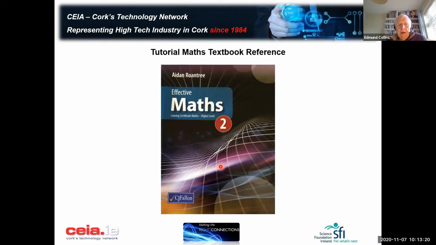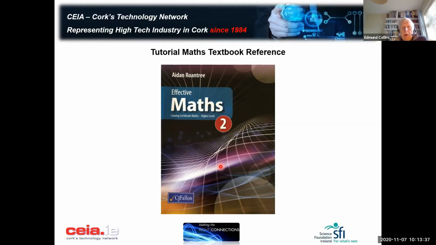Now I want to give credit to Aidan Rountree's Effective Maths textbook 2, which you see the photo of there. So I used this textbook when I was preparing the slides.